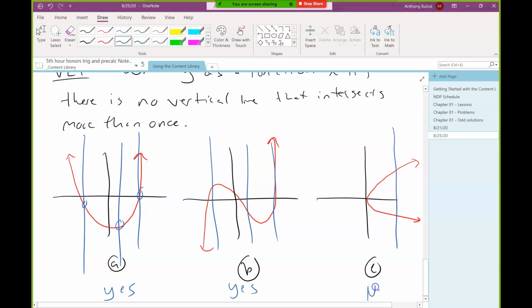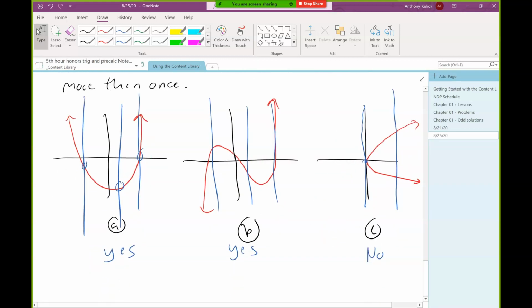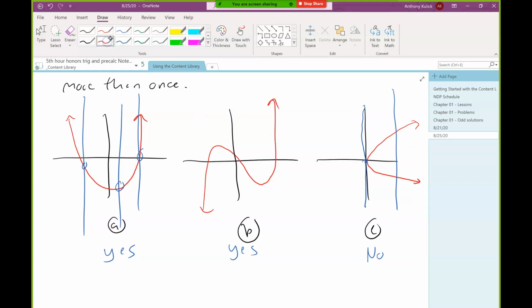I can draw a vertical line here, and it's going to intersect the graph more than once. Does it matter that there is a vertical line I can draw that intersects the graph in just one place? No. Does it matter that there's a vertical line I can draw that doesn't intersect the graph at all? No. Okay. Let's say instead, for example B, we have this graph plus this extra little point here.